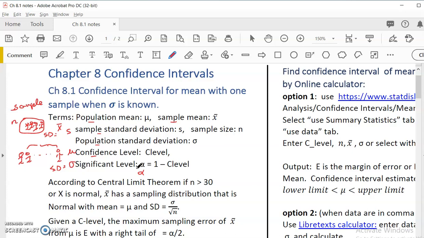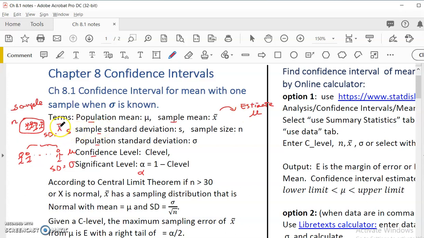Now, what is the purpose of 8.1? The purpose is, if I have a sample picked from a population, how can I use x bar to estimate what the actual mu will be? So the goal is to use x bar to estimate the population mean.